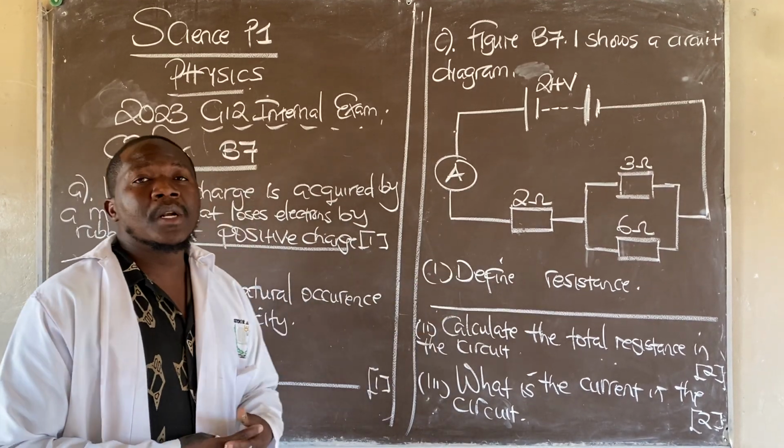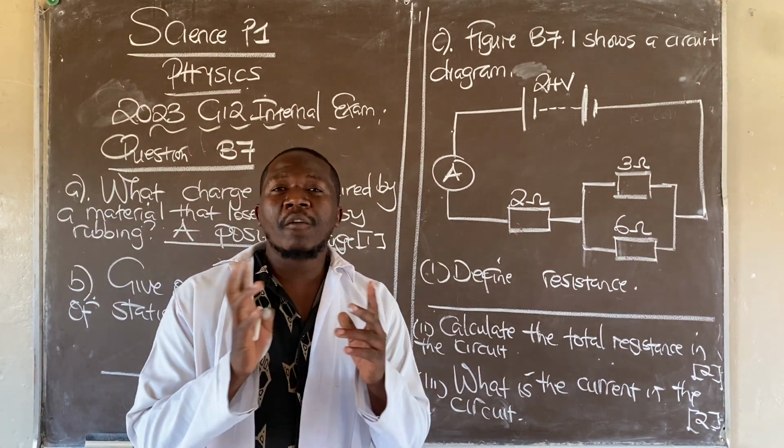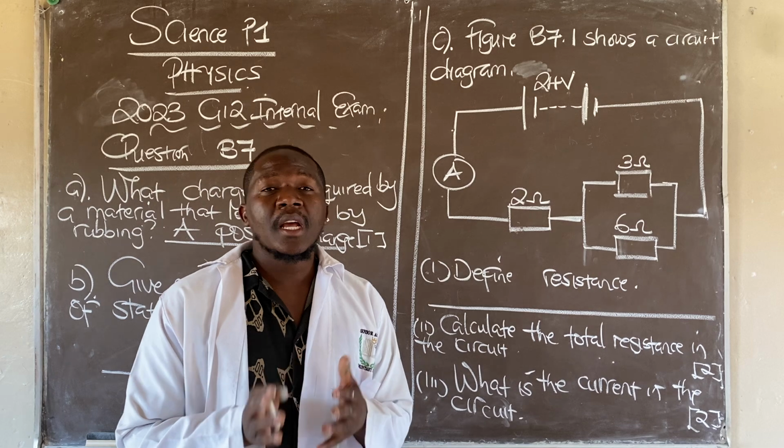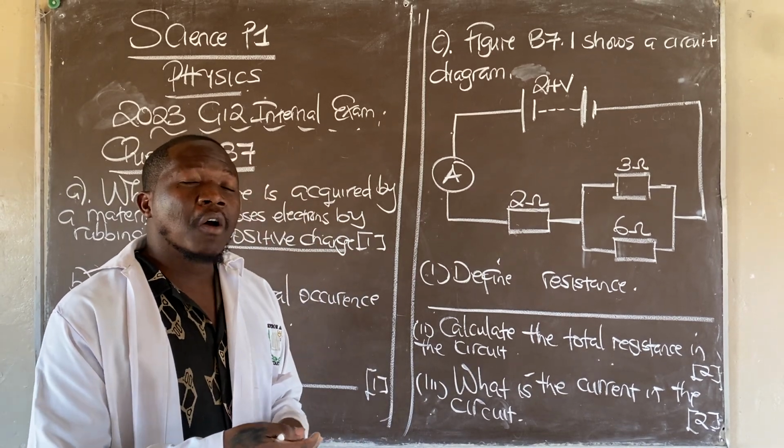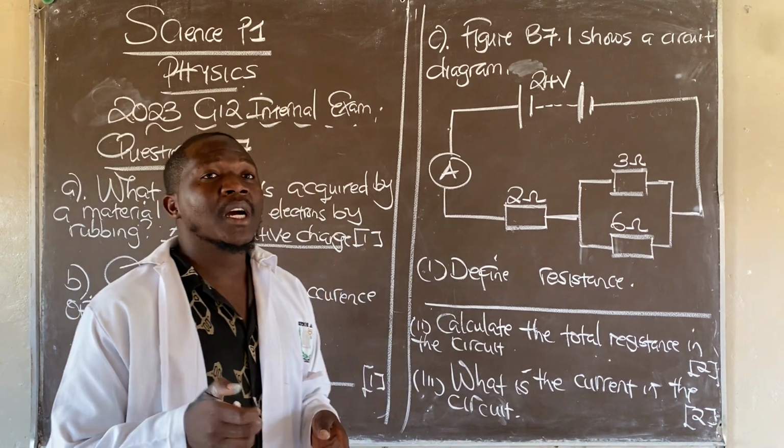1. Define resistance. Resistance is the measure of the opposition to the flow of current in an electric circuit.